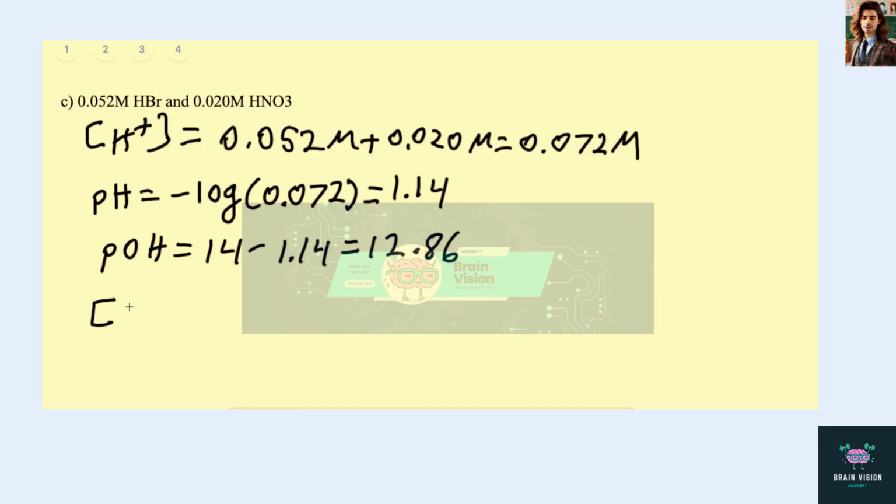And the concentration of base is equal to 10 to the negative pOH, which equals 1.38 times 10 to the negative 13th molar.